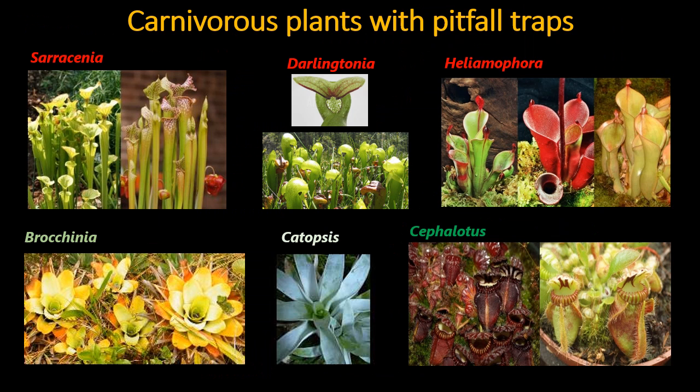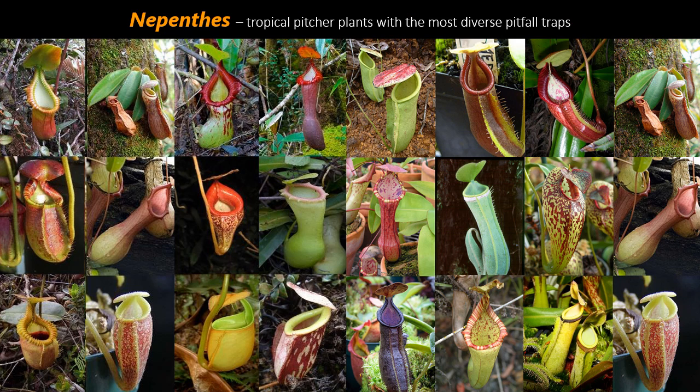There are quite some pitfall trap species like Sarracenia, Darlingtonia, Heliamphora, Cephalotus, Catopsis, and Brocchinia. All these evolved independently of each other and on different continents. And Nepenthes is one of the most diverse pitcher plants in the tropical regions, with very diverse shapes of pitfall trap.